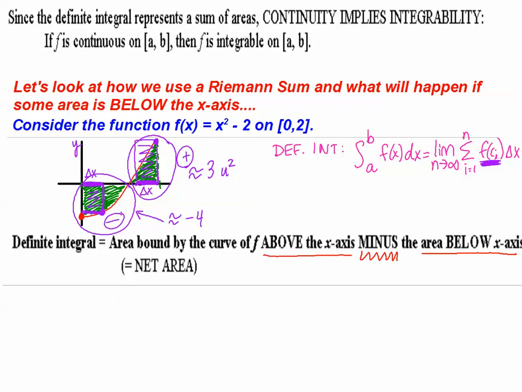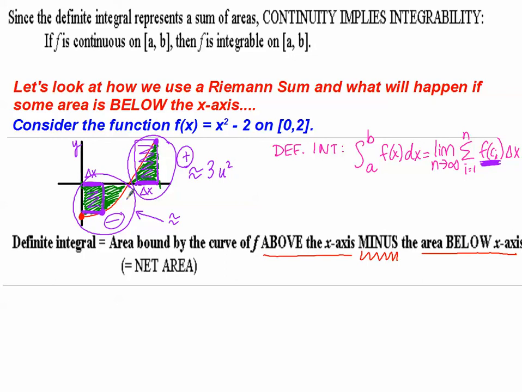But if I put these numbers together to say what is the area, I would say, well, this has an area of 3 square units. This has an area of 4 square units. So the -4 is a representation of the fact that it's below the x-axis. So I've got my area that's above, let's say approximately 3 square units.